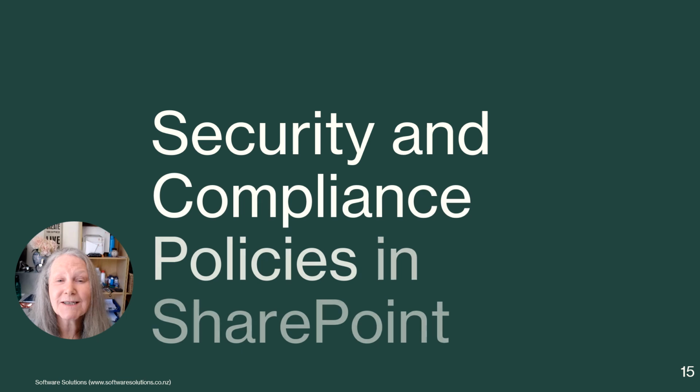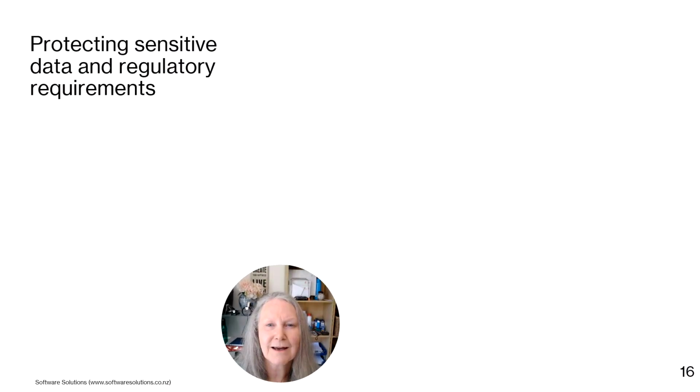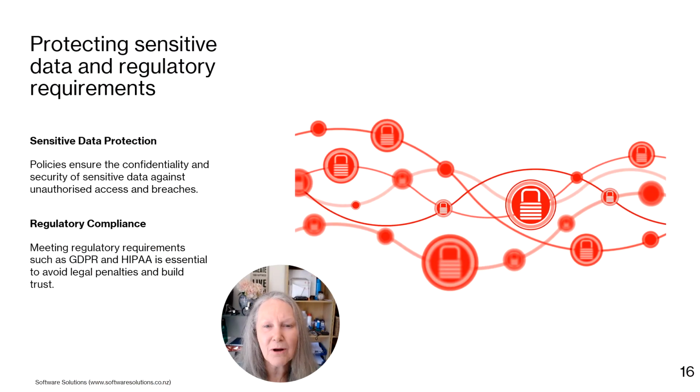Protecting sensitive data and regulatory requirements, permissions management and external sharing policies, data retention, auditing, and monitoring practices. These policies are critical for protecting sensitive data and meeting regulatory requirements under GDPR or HIPAA.